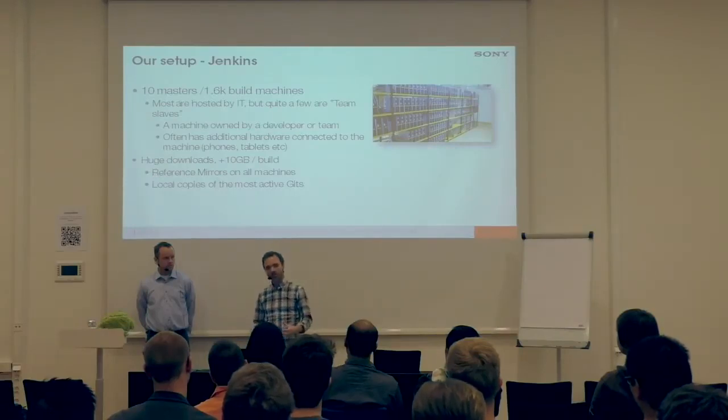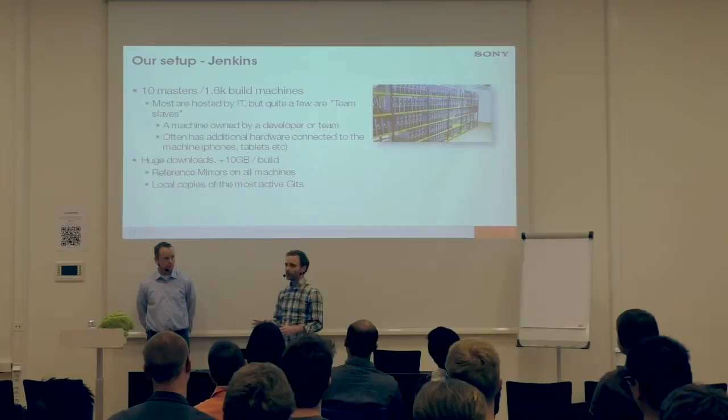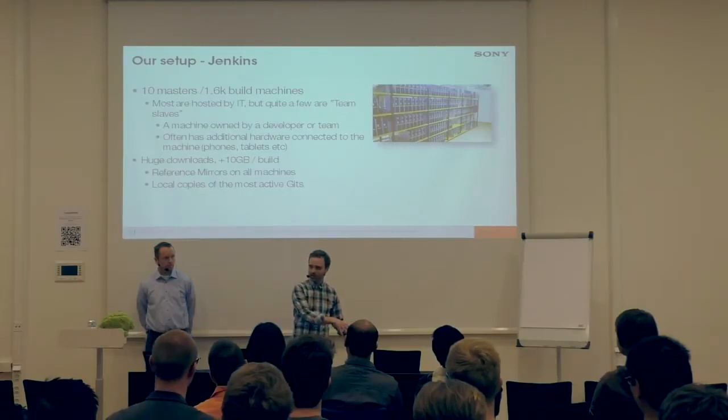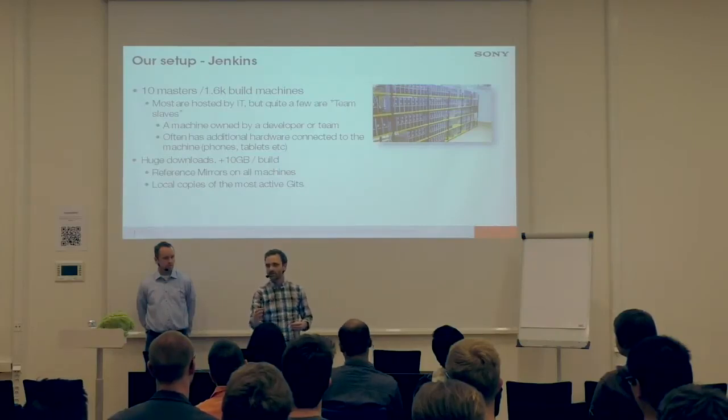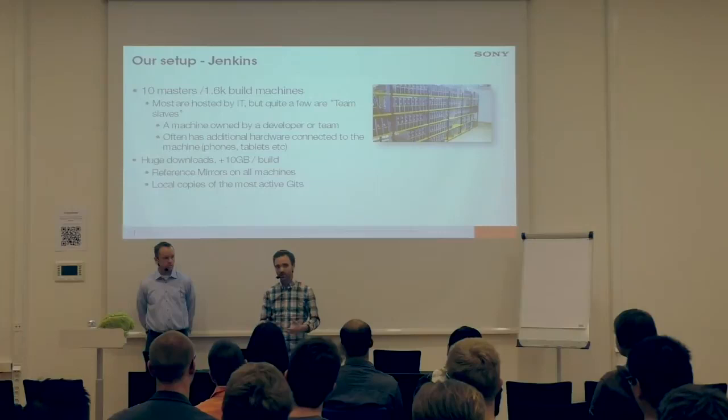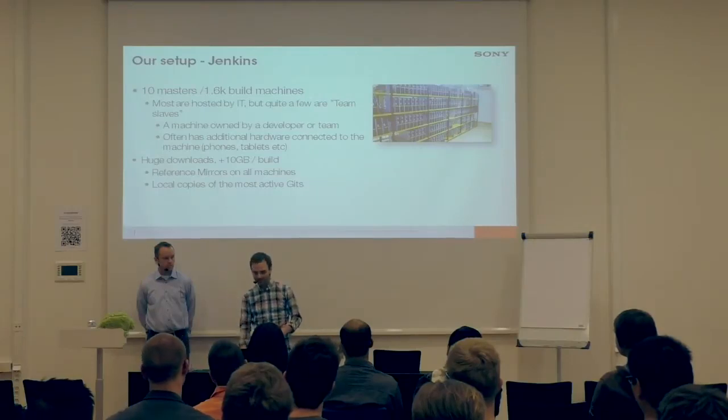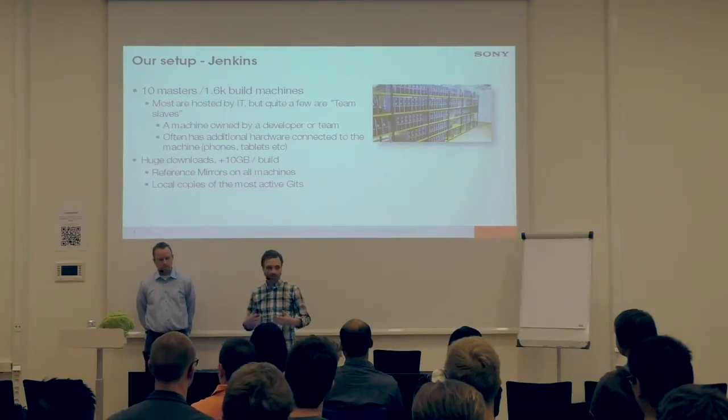So when a huge build, a 10 gigabyte build, now starts, it will first fetch as much code as it can from this local copy on the local disk, and then only go out and fetch the small delta that is left from one of the Gerrit slaves. It's just that much left. This way we can really bring down the build times, which is important because we want short turnaround times.